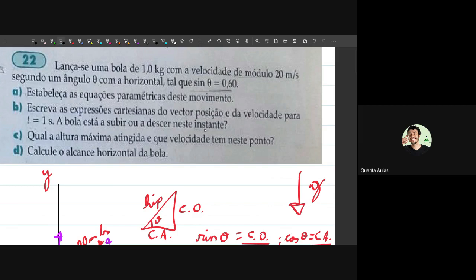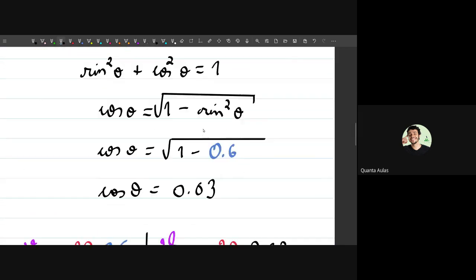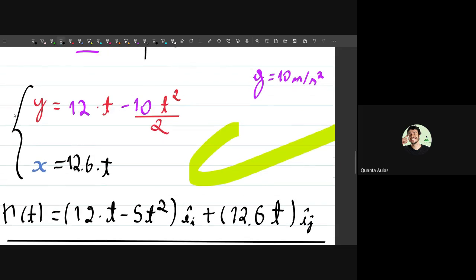If we have the position equation here, this colorful equation, we have only the position, but we don't know if the body is going up or down. To know this, we need the velocity at this instant, so we need the expressions of the instant velocity.